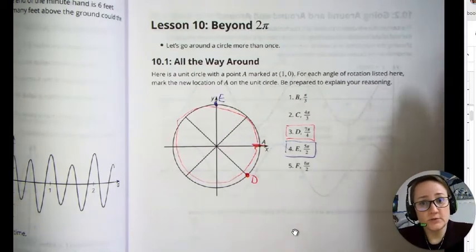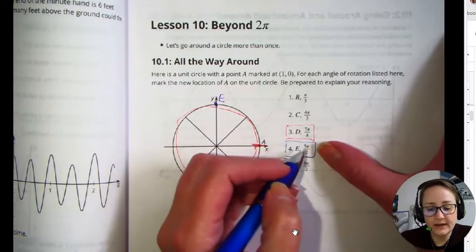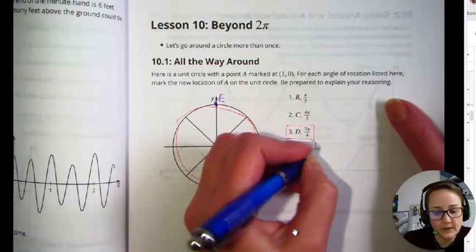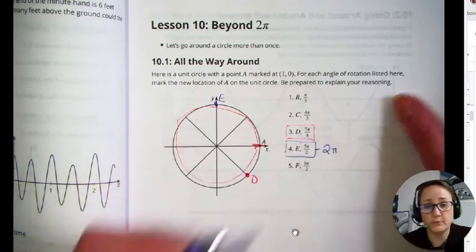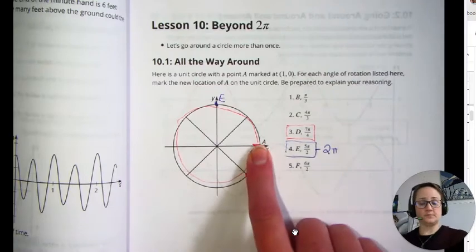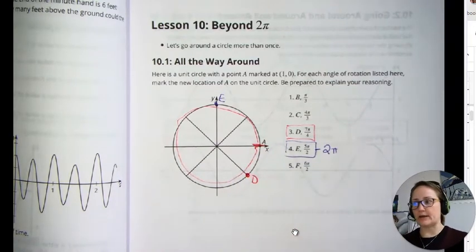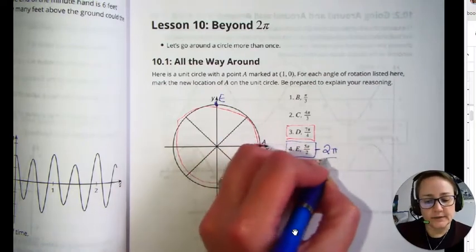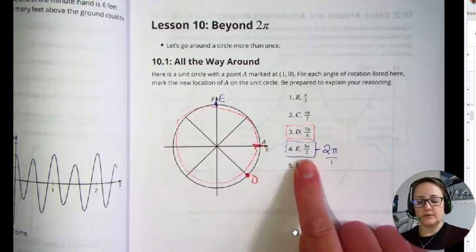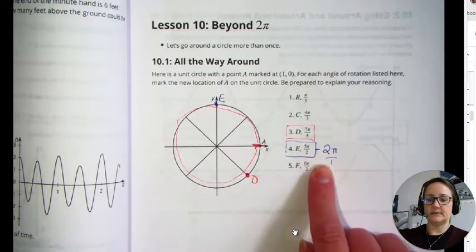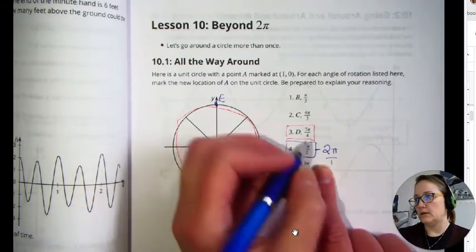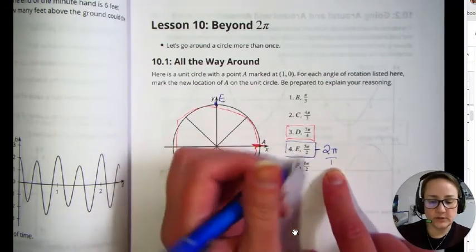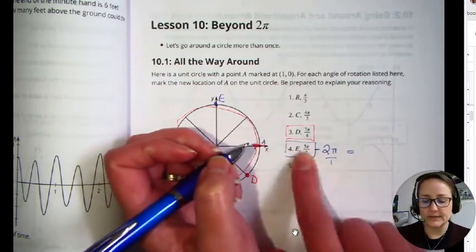Now what we can do is tell that it is 5 pi over 2 minus 2 pi. 2 pi is a full rotation. And we can keep on subtracting 2 pi's, which are full rotations, until we get to something within the unit circle. So really what I'm thinking now is doing 5 pi over 2 minus 2 pi, or I just made that 2 pi over 1, so I can make them common denominators.